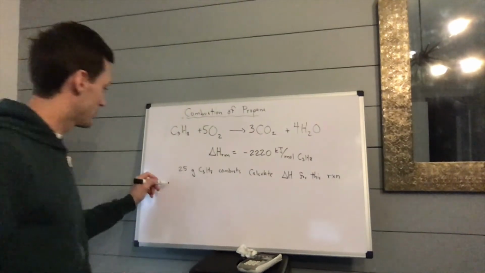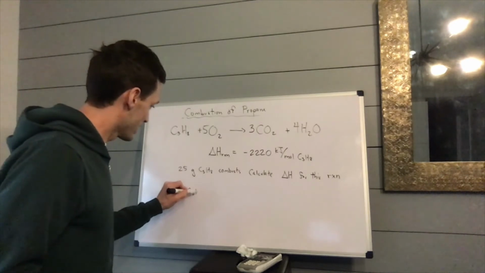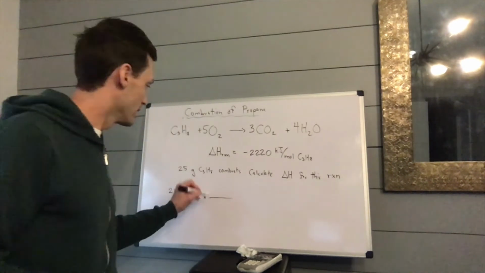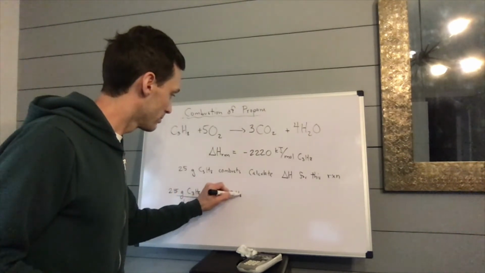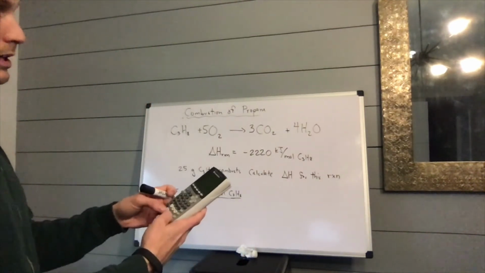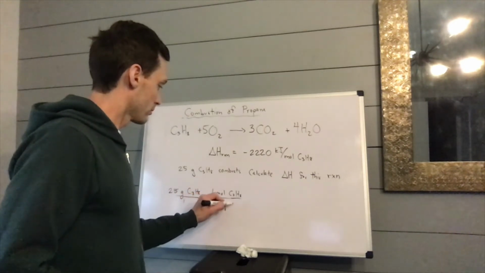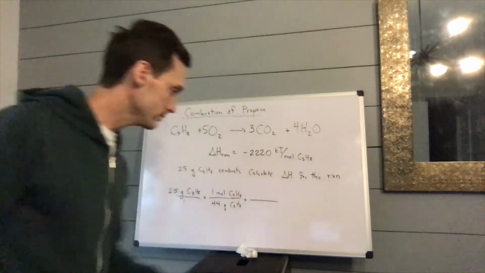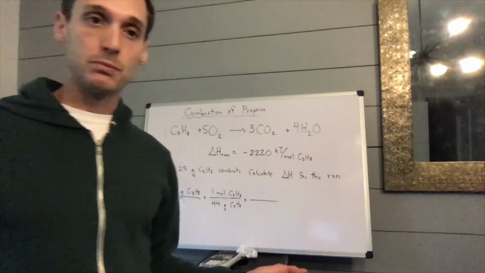You guys should know by now that we can very simply go from grams of propane to moles of propane just using the molar mass. So let's add that up. It's 12 times 3 plus 8, 44 grams is 1 mole of propane. And we want to get the delta H, the heat released for this process.